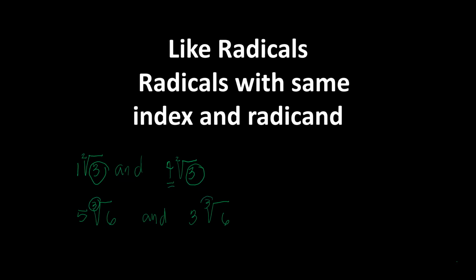Pareho silang 3. Tsaka yung radicand natin ay 6. Pareho silang 6. So, kahit magkaiba yung coefficient natin, meron tayo dito 3, tapos dito 5, considered pa rin na yung 5 times the cube root of 6 at saka yung 3 times the cube root of 6 ay like radicals.